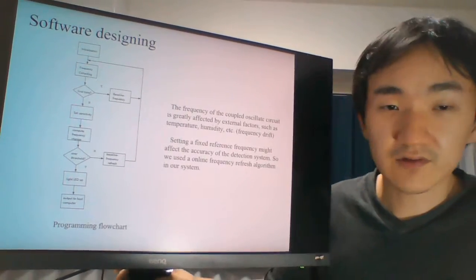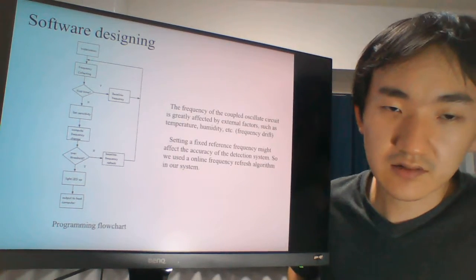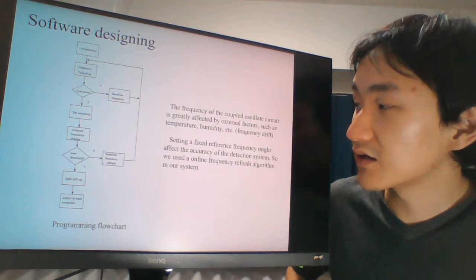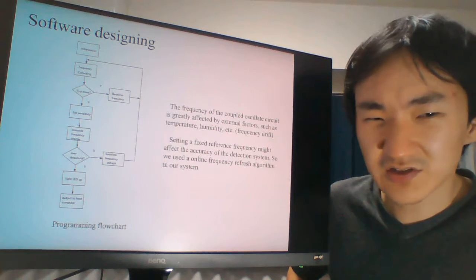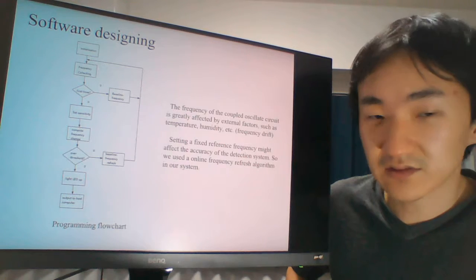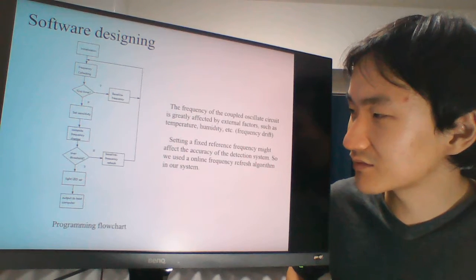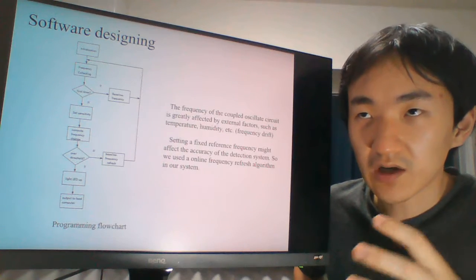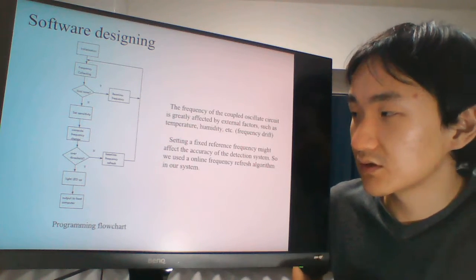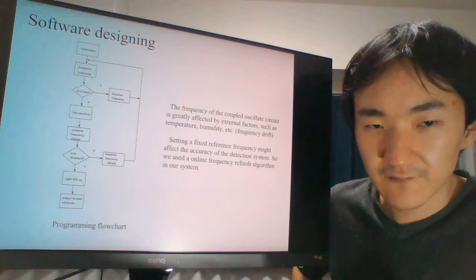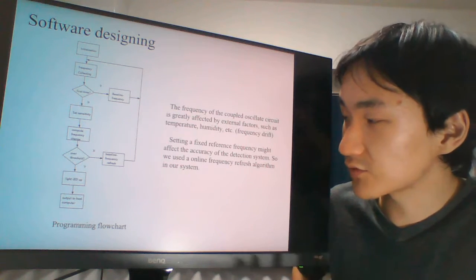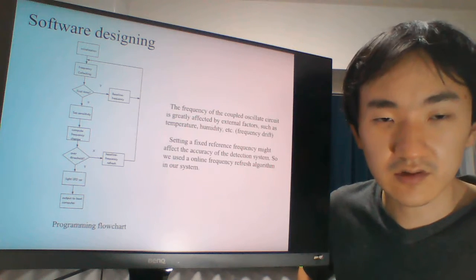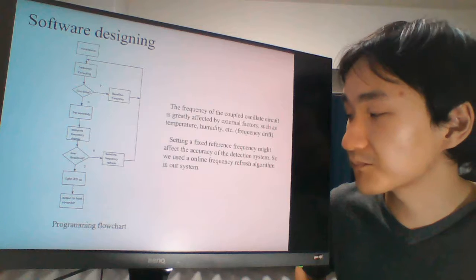But the frequency of the coupled oscillating circuit is greatly affected by external factors, such as temperature, humidity, etc. We call it frequency drift. So setting a fixed reference frequency might affect the accuracy of the detection system.